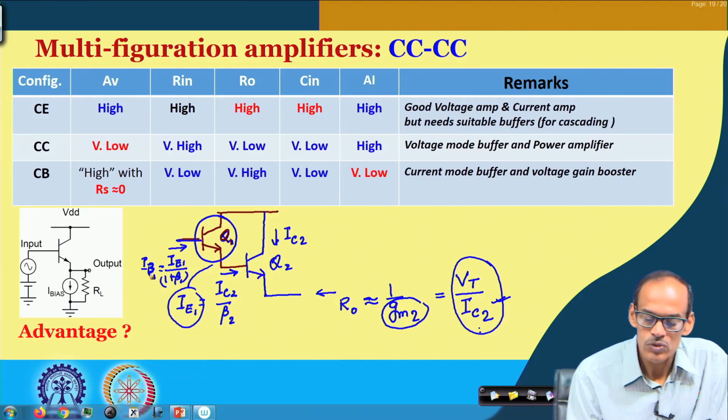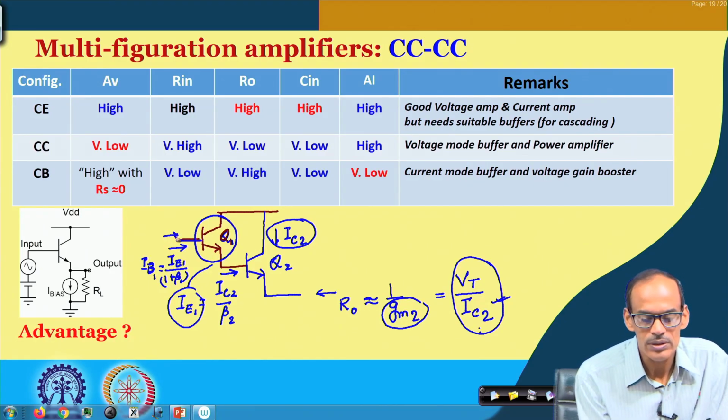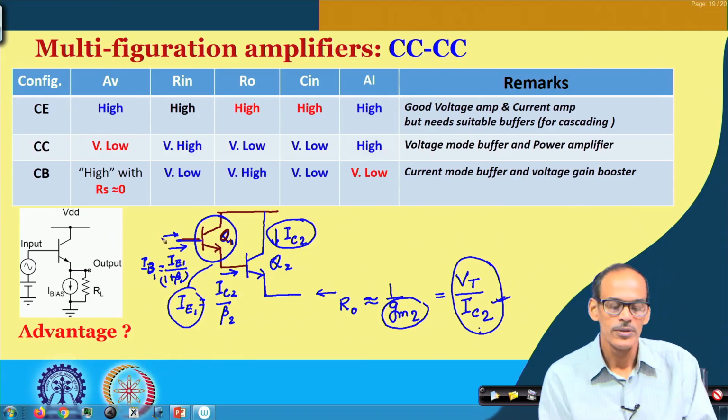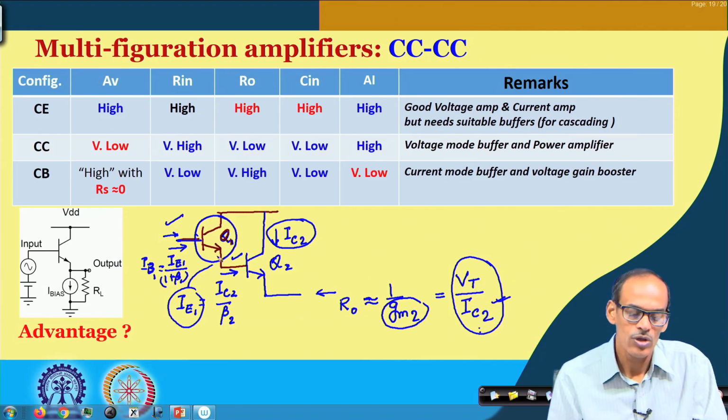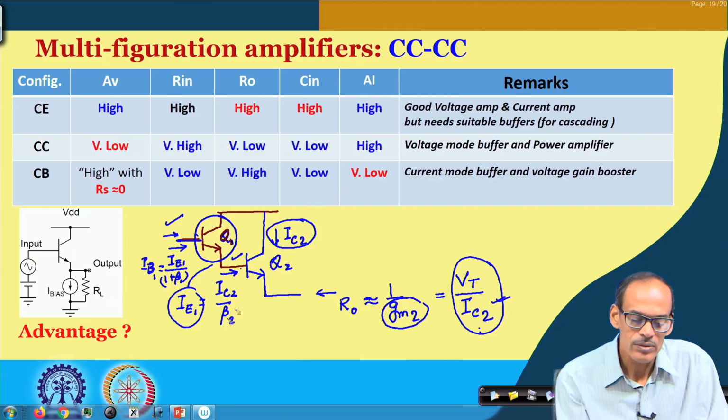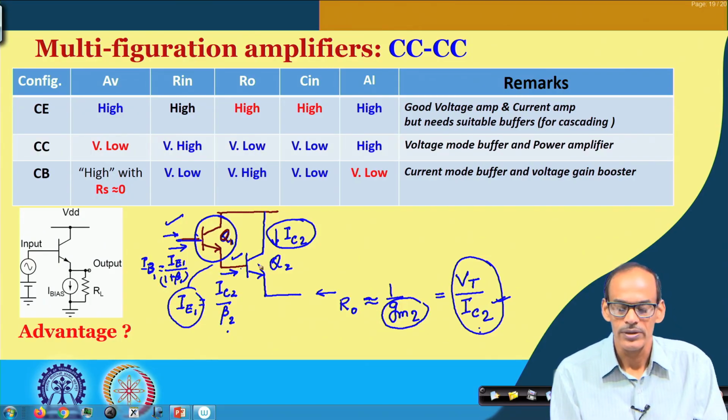So, to support this large current, the required base current is very small. This base current comes after the amplification of 1 plus beta 1 of the first transistor, and then we have beta 2 coming from the second transistor.